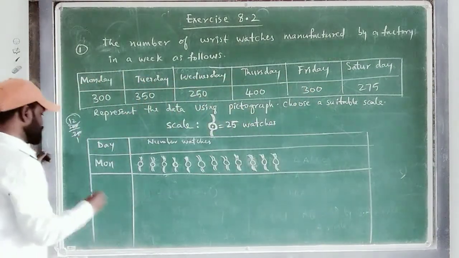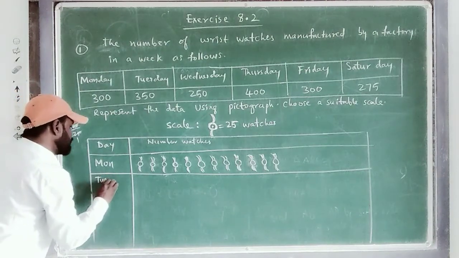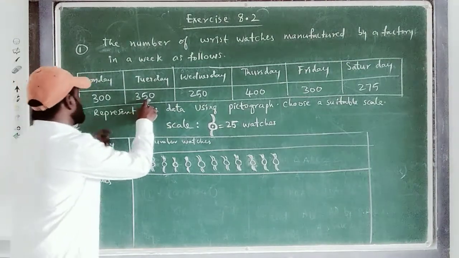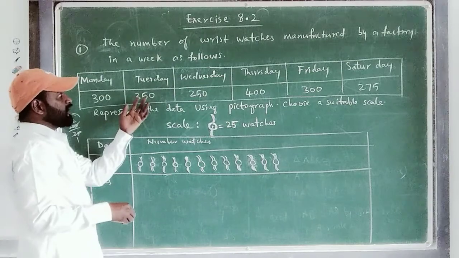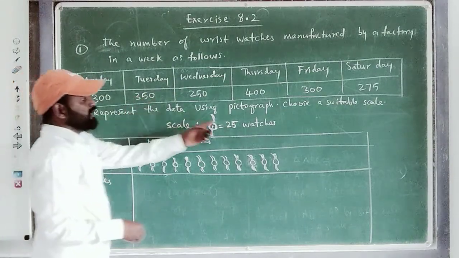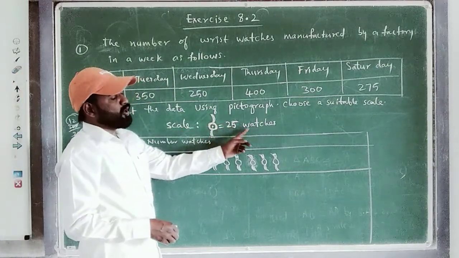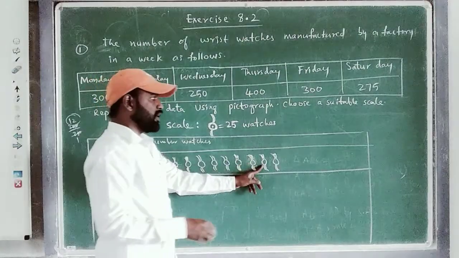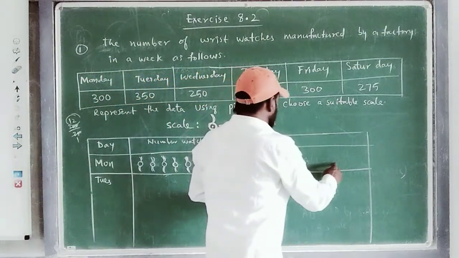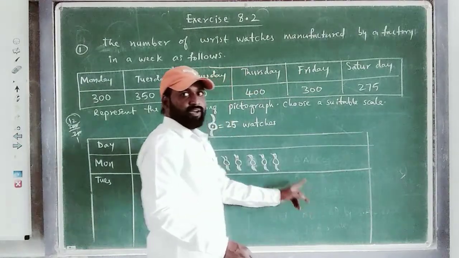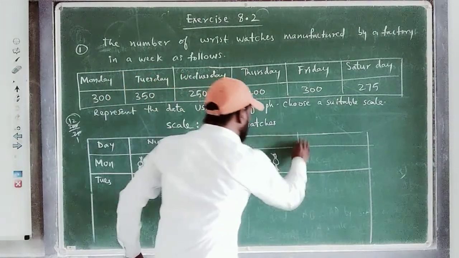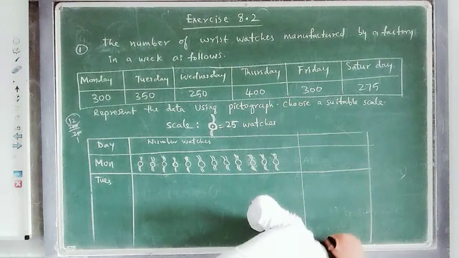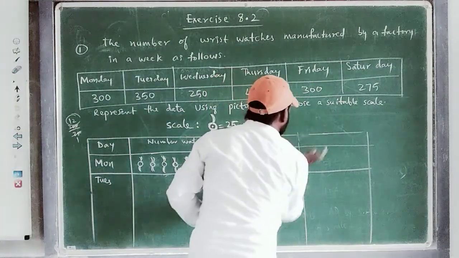Next, Tuesday. How many? 350. That means 300 plus 50 extra, and since each watch is 25, you have to draw 2 more pictures. Here we have drawn 12 figures, so the frequency is 12. 12 into 25 is 300. I write the frequency here also for understanding.